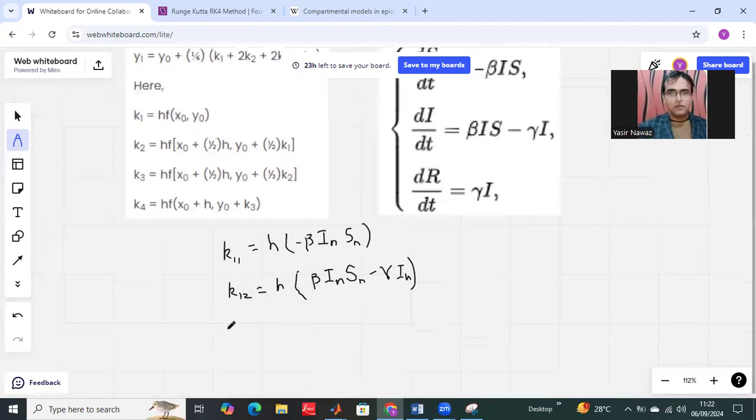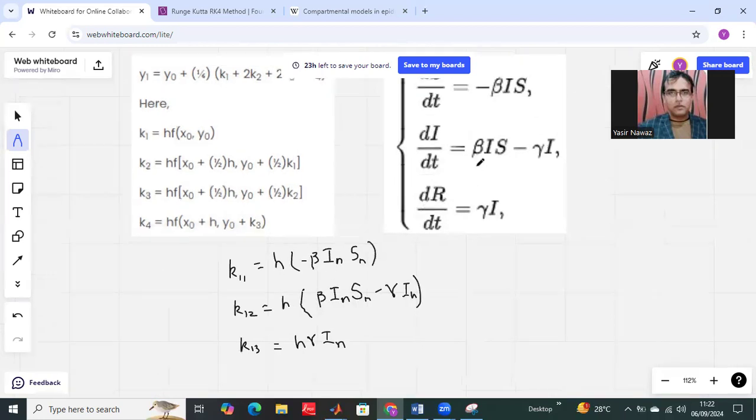And for the third equation, it would be K13, I believe. Yes. So that would be H gamma IN. So I applied the first stage on all three equations.